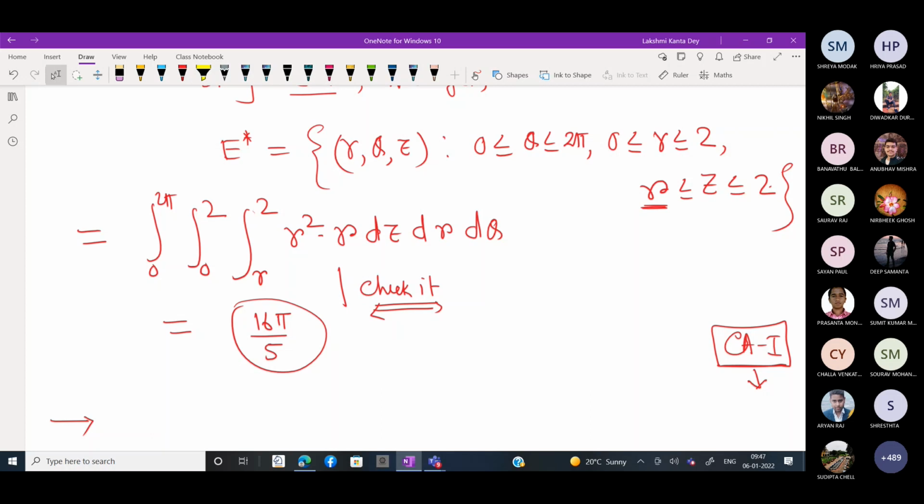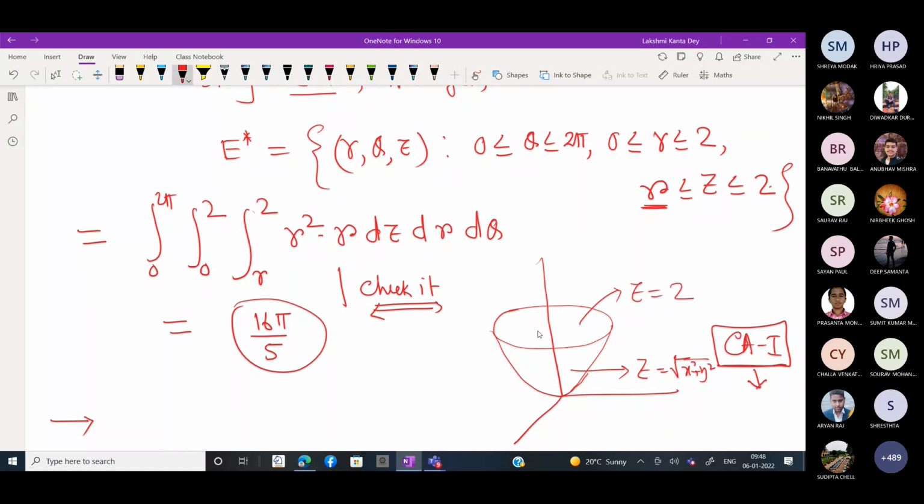Okay. So you know, z is equal to 2. That is the upper limit for z. So whatever the picture, this part is basically z equal to square root of x squared plus y squared, and this is basically z equal to 2.